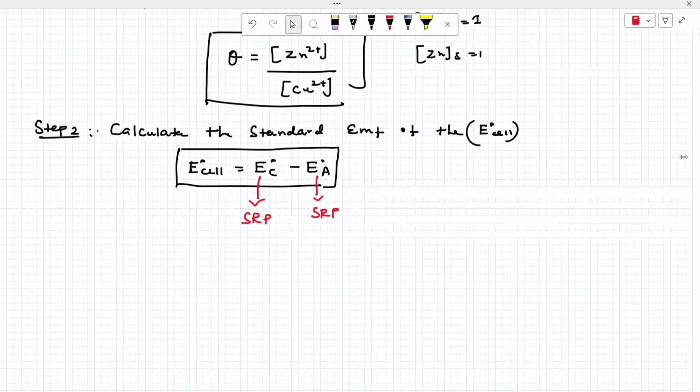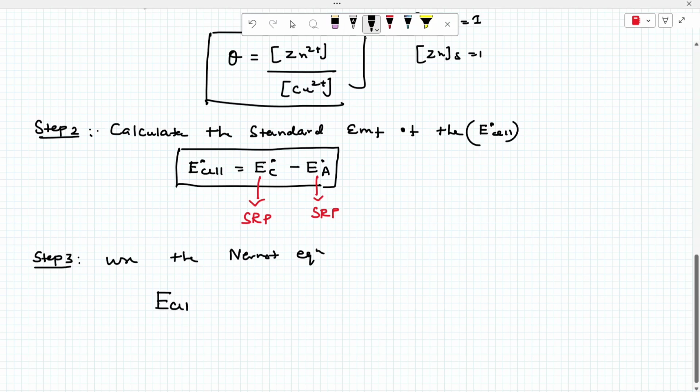This is step 2. What is step 3, Amina? Step number 3, please note: use the Nernst equation. Very simple.